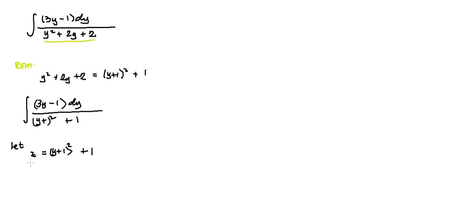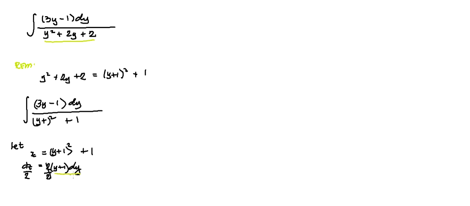Then we take the derivative of this, that is equal to 2 times (y plus 1) times the derivative of y, which is dy, because the derivative of 1 is just 0, right? Then from here we divide both sides by 2. That's why we have the remaining (y plus 1) dy there.